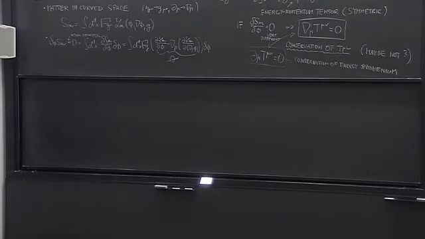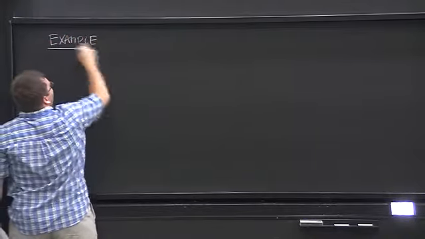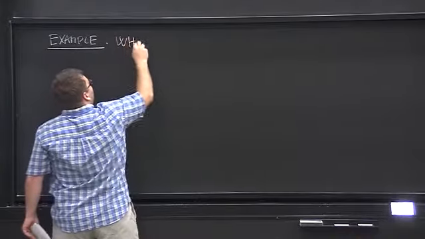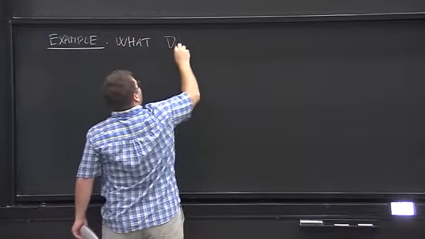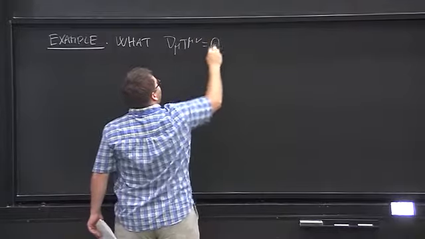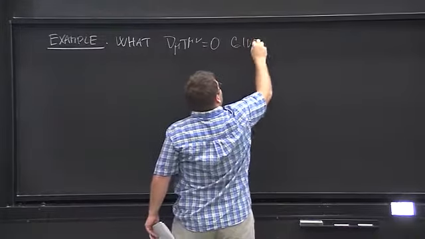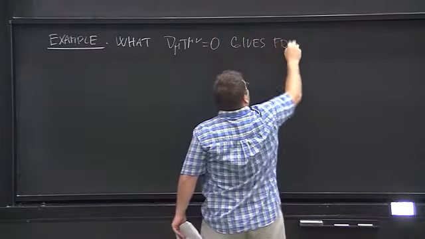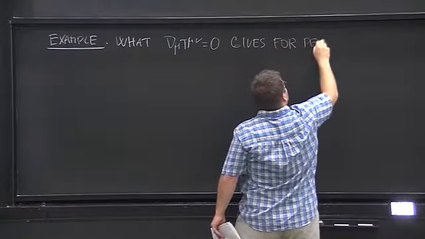The best thing is to do it on an example. And the simplest example, which is useful, is that of a perfect fluid. So, what does nabla_mu T^{mu nu} equals 0 give for a perfect fluid?